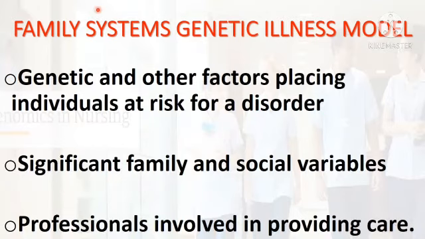It also talks about significant family and social variables. And it will tell about professionals who are involved in providing care, like nurses, doctors, technicians. All these people play a role in providing care to patients having genetic diseases.